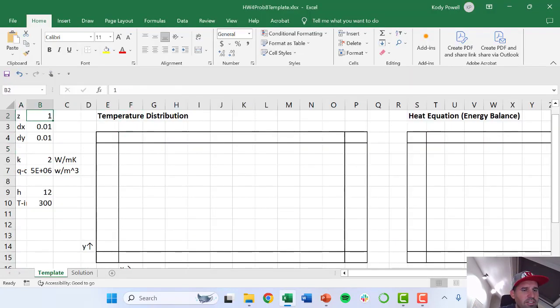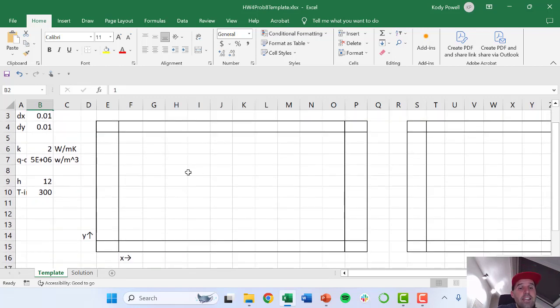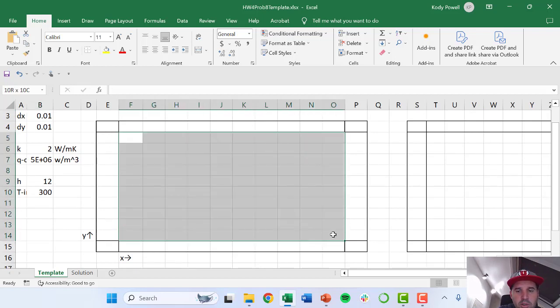So over here I have some constants. Z I'm just using as 1. If you did the math, Z would just drop out of every equation, but we're just going to assume a basis of Z equals 1 meter. We are going to assume that our system, in terms of Y and X, is 10 centimeters wide and 10 centimeters tall, and then we're going to divide that up into 10 in each direction.